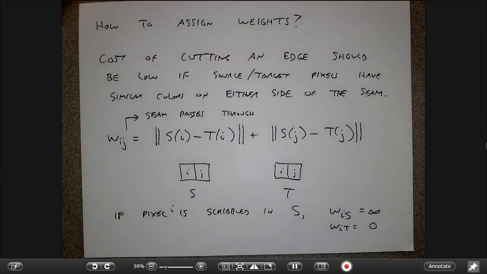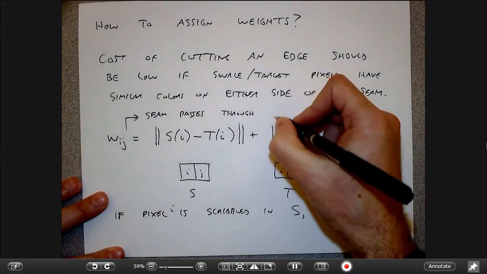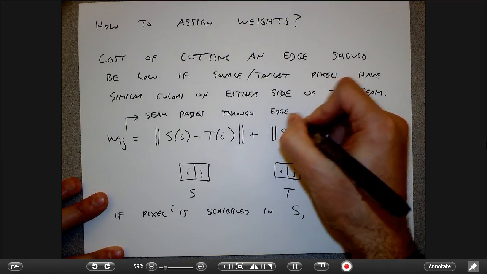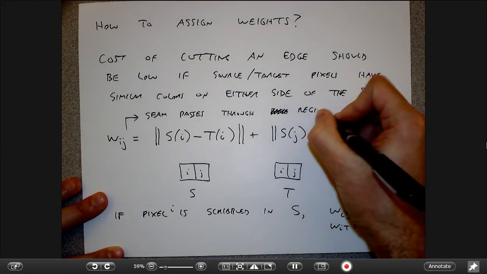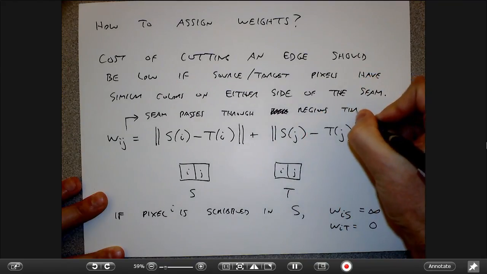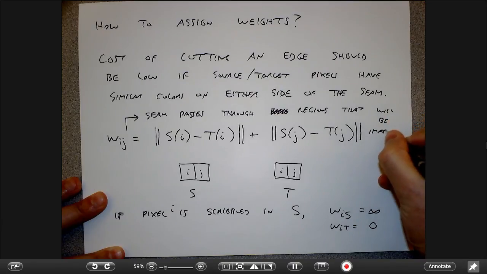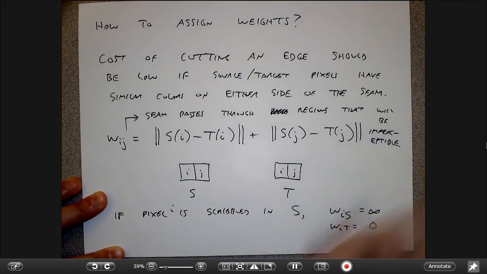And that's okay, right? All we want is that the seam passes through edges. Well, edges is probably not the right word. The seam passes through regions that will be imperceptible. Okay.